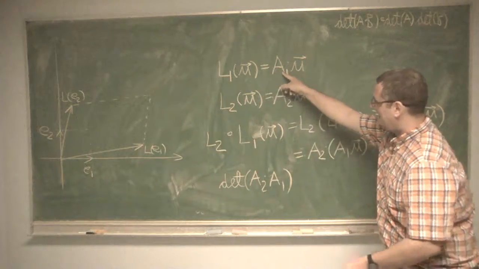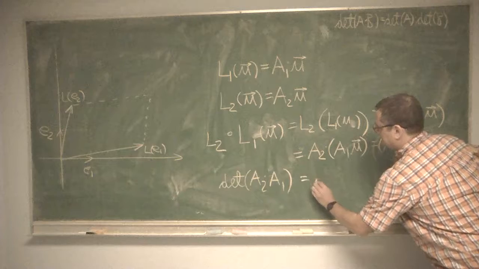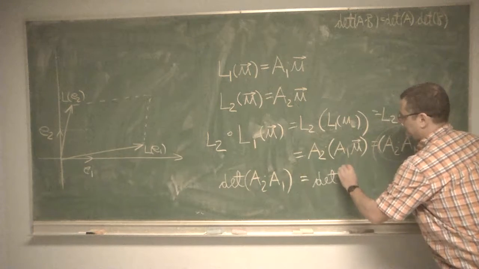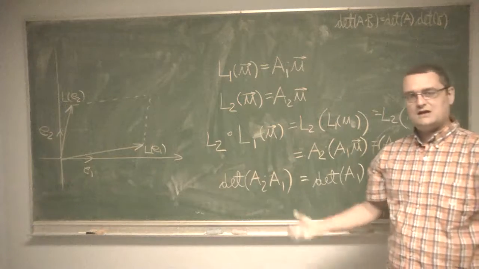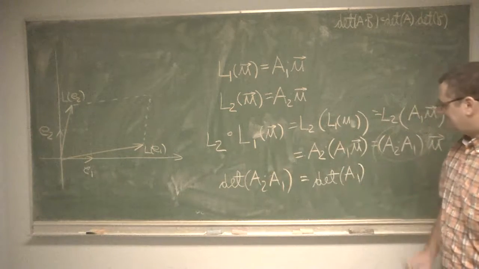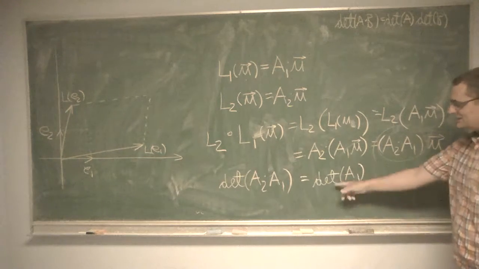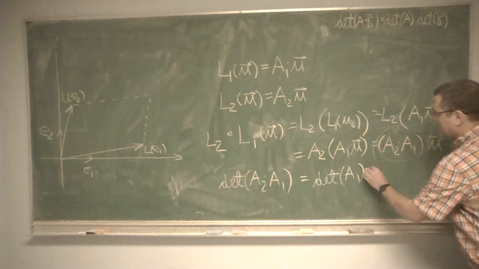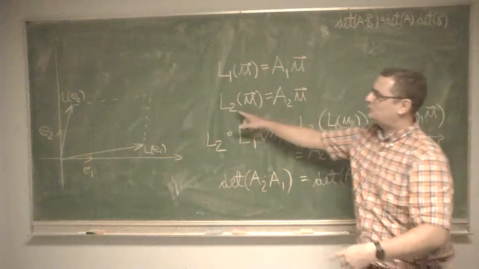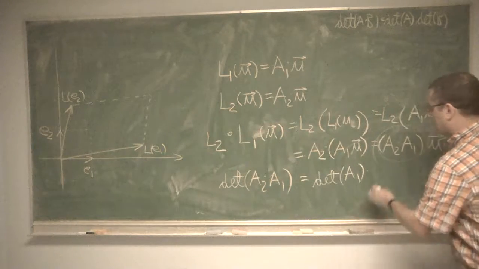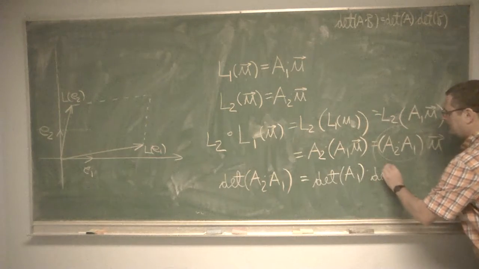So doubling the area, that's the measure of deformation under L1, so that's the determinant of A1, which is a factor 2. And after you are done with that, you need to apply L2, which means you need to triple the area.